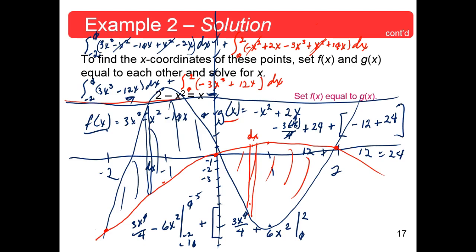No, I did it in my head. Okay, that's the -12. And then this part, remember we have a minus because it's the lower limit. So minus a minus is a plus, and then plugging in -2 here, that gives us +4. 6 times 4 is 24. So that's a -12 plus 24, that gives us a +12.